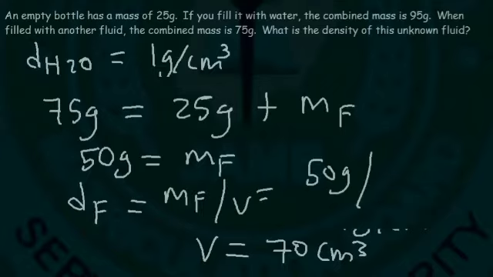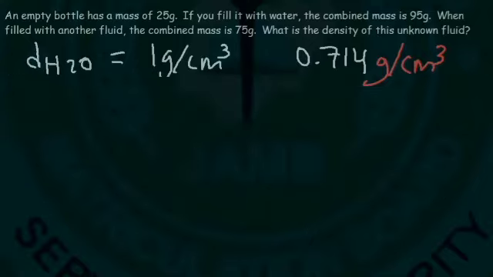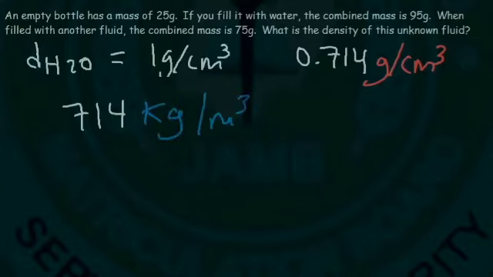So it's 50 divided by 70. 50 divided by 70 is 5 over 7, or about 0.714 grams per cubic centimeter. Now, if you need to change the units from grams per cubic centimeter to kilograms per cubic meter, multiply by 1,000. So this is equal to 714 kilograms per cubic meter. So that's the answer for this problem.